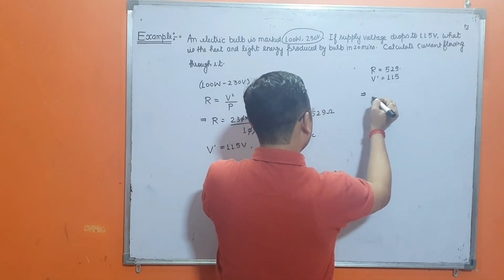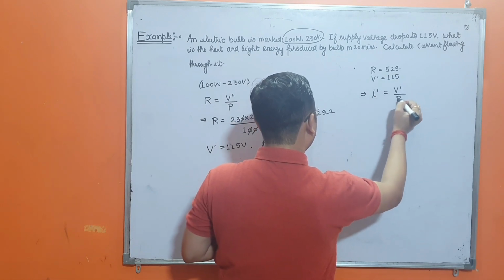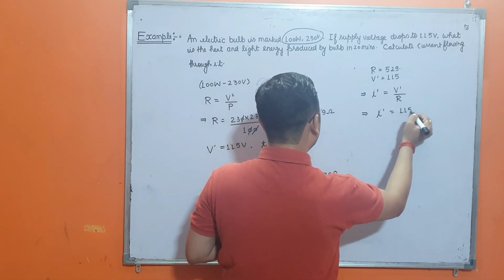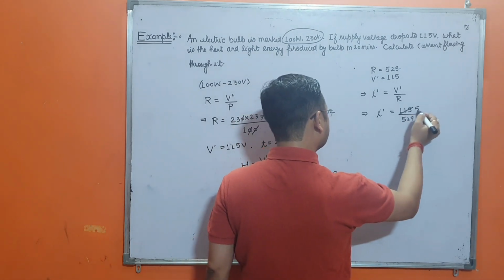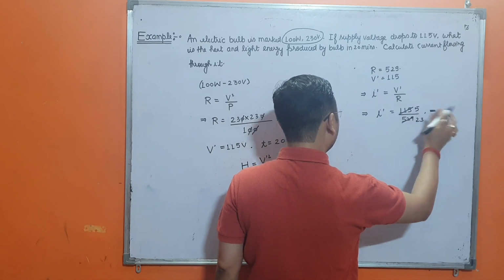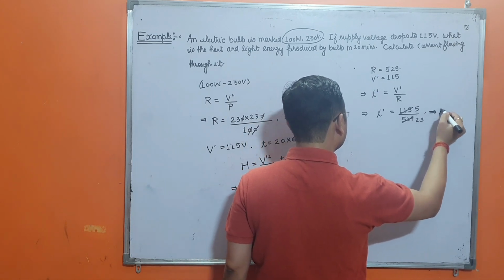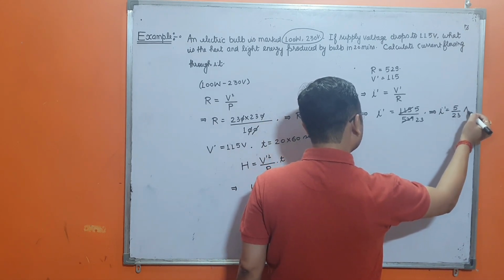Therefore, the current becomes I dash, and I dash will be equal to V dash divided by R. This implies that I dash, V dash is 115 divided by 529, and it gets cancelled, and the value of I dash will be 5 upon 23 ampere. This will be the amount of current available in the circuit.